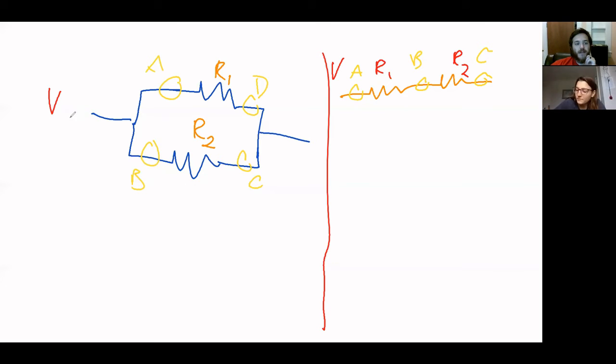But so I have voltage is equal to potential energy per charge, right?